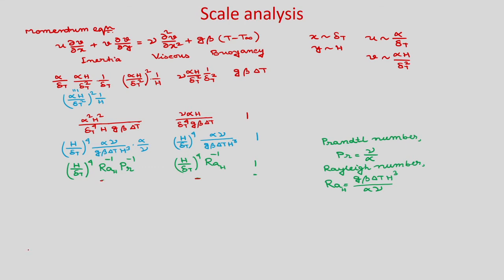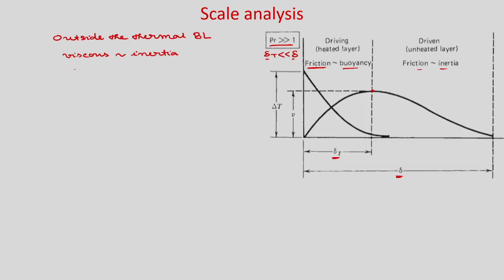From here, the viscous term, nu times del squared V by del x squared, will be comparable with the inertia term, let us say V times del V by del y. In this case it will be nu V, but as it is outside the thermal boundary layer, x will be of the order of delta, which is your hydrodynamic boundary layer thickness.